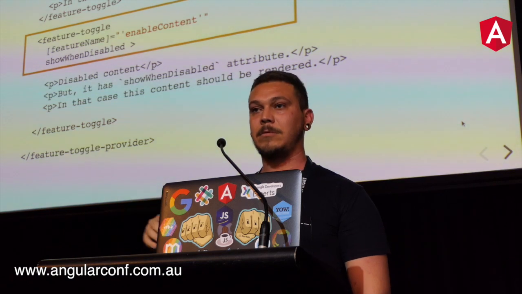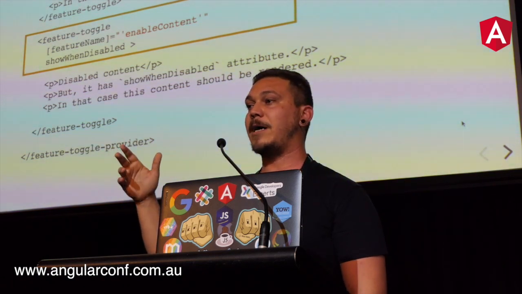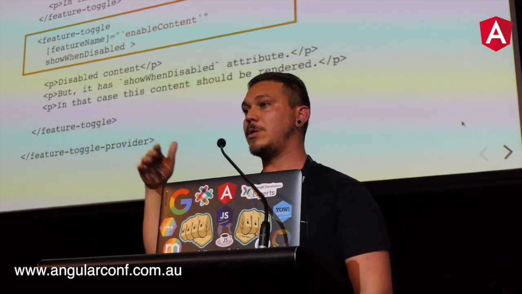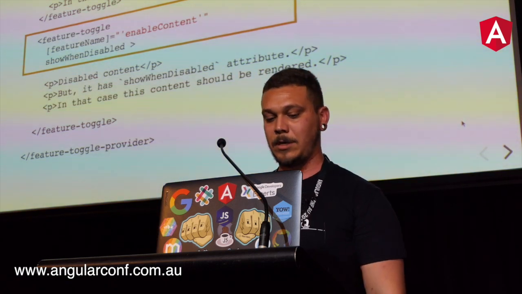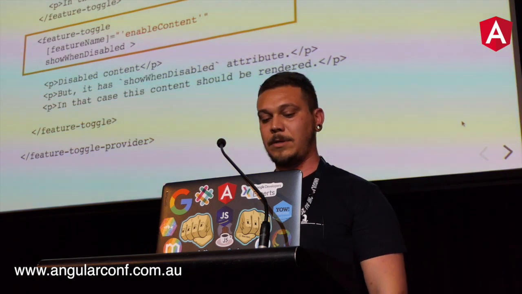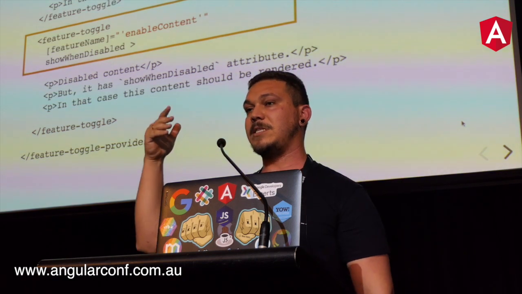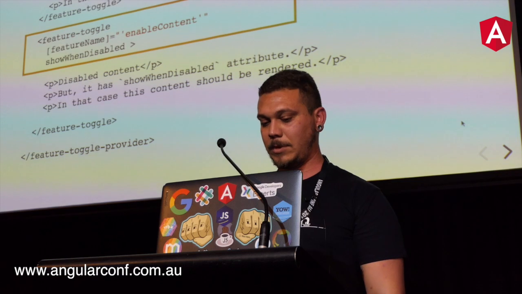Enable payment by credit card X. Enable payment by credit card UI. One of them can be true, another can be false. You can change it. It's really up to us. And you can add a block called feature toggle with the name, and you can put, for example, show when disabled. If this is disabled, it should show a message to the user, and that's it. As an example.